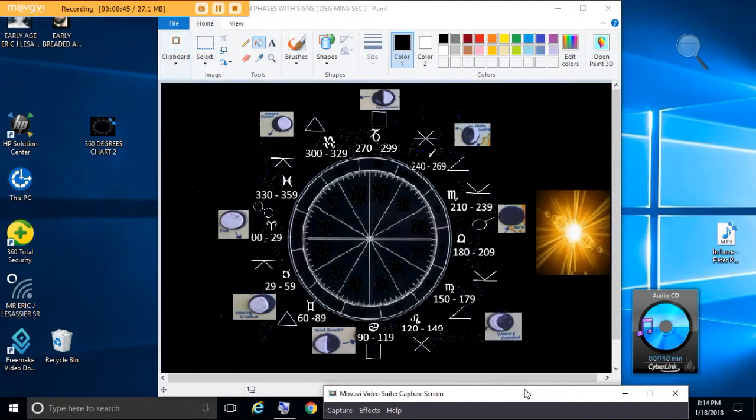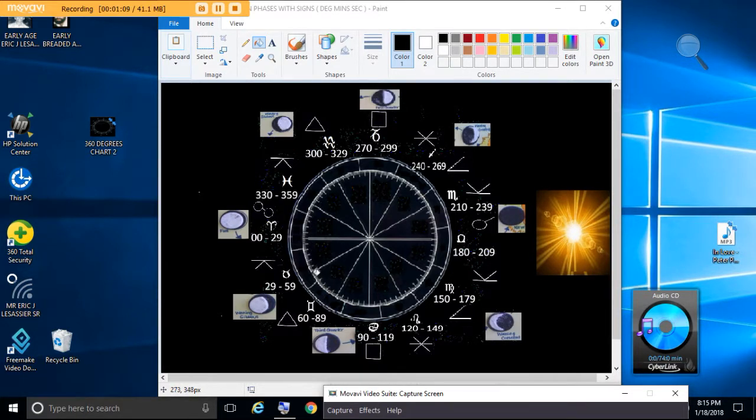Okay, looking at the chart in front of you. Now, I've put several concepts together in this picture. First of all, you have an individual chart, and it's a chart that describes 360 degrees around its points.